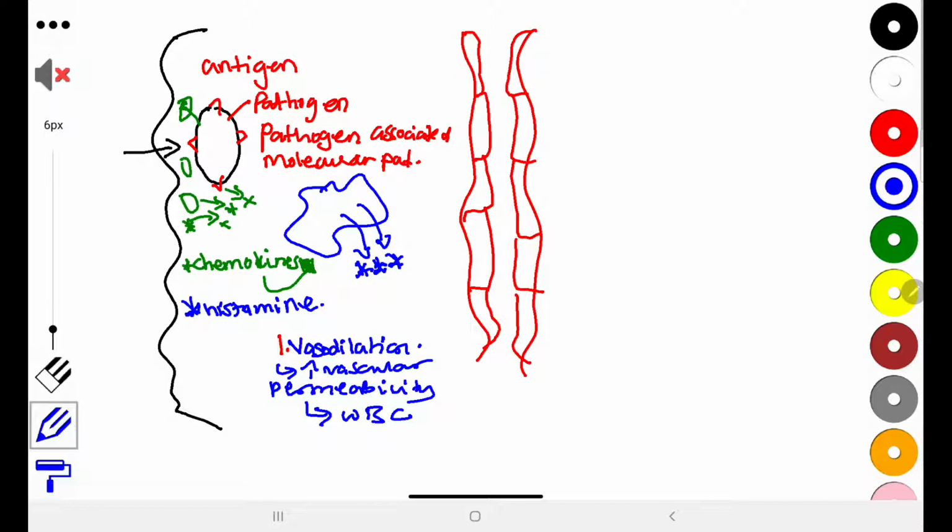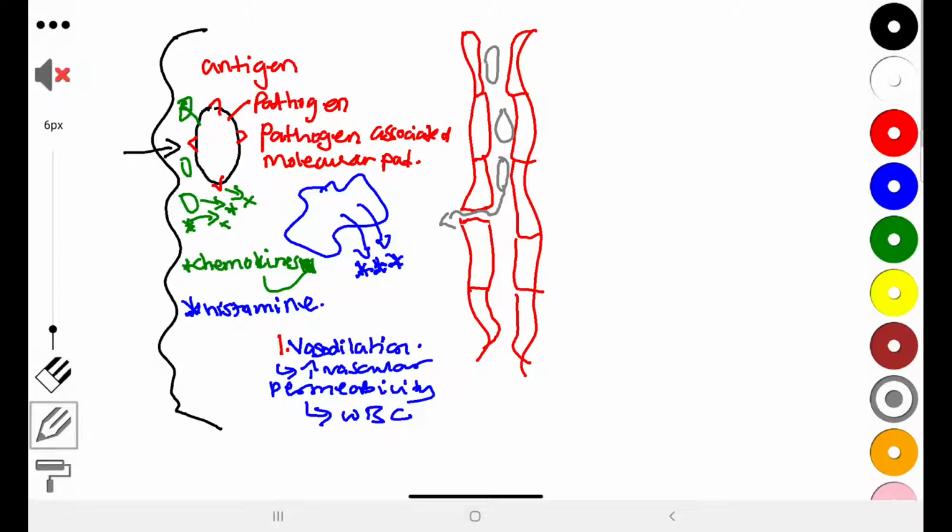If we have white blood cells that are in here, permeability implies the space between the endothelial cells increasing. So you will note that the white blood cells will have an ability to move out and go to this inflammation site.